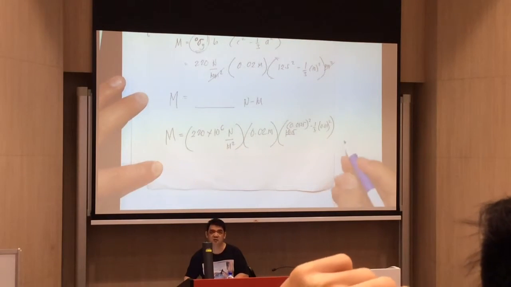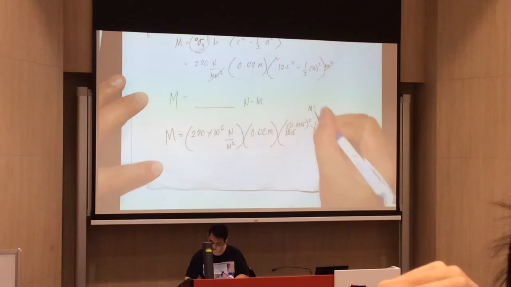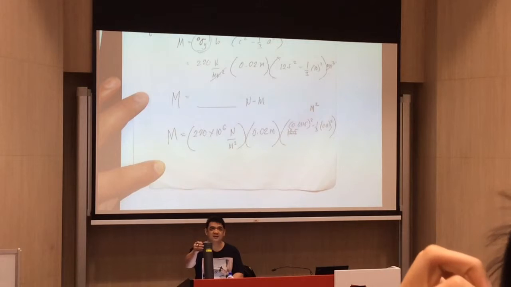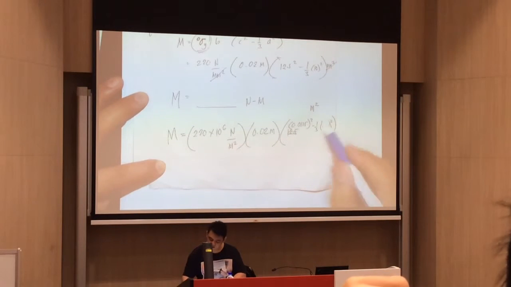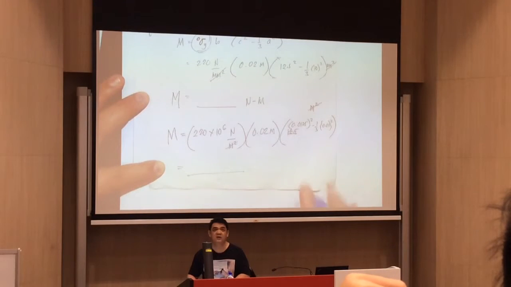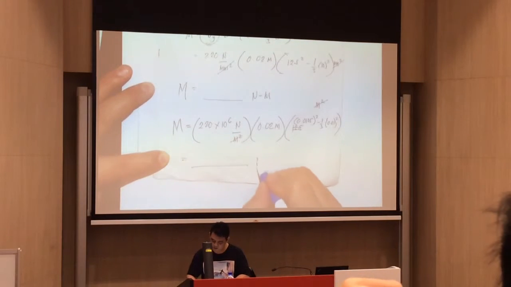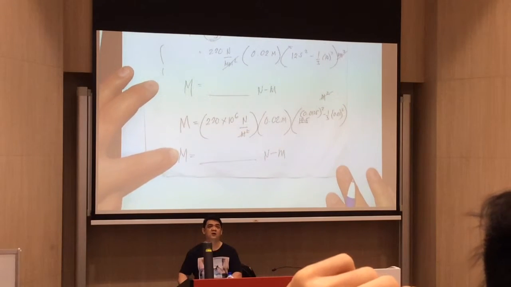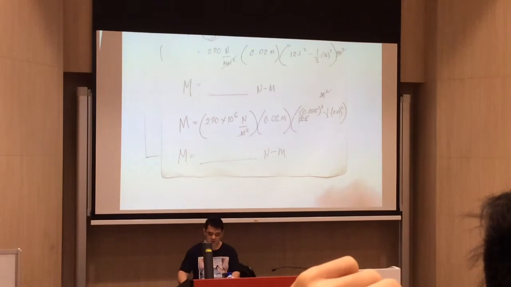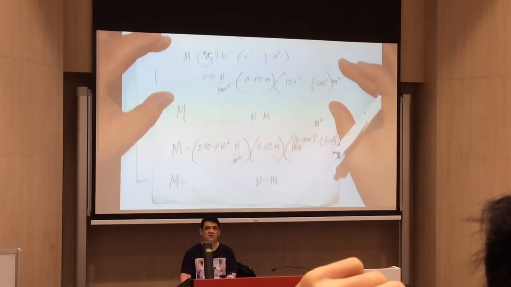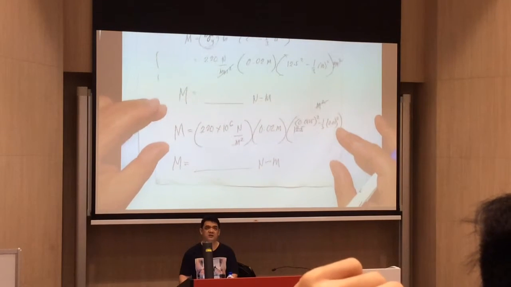The unit for this one will be in meter squared. So that if you check your units, this meter squared will cancel out. You will end up having Newton meter as the unit for your moment. So here I just use the millimeters, and here I just use the meters.